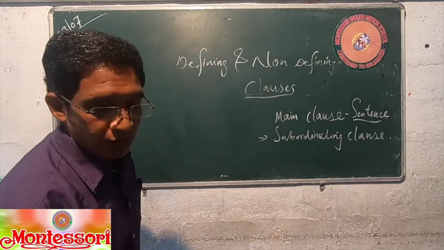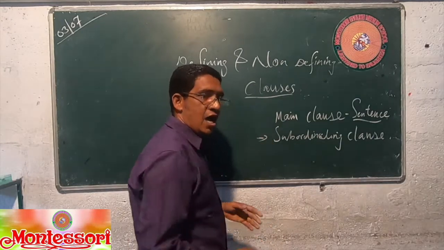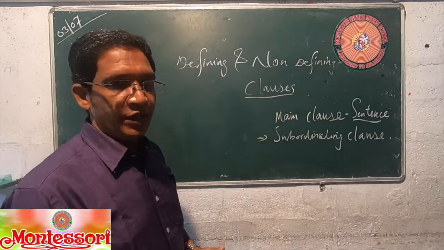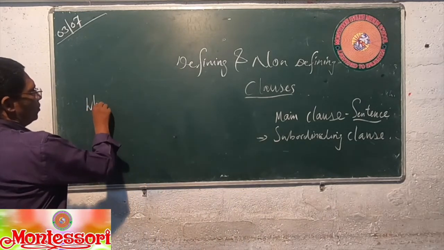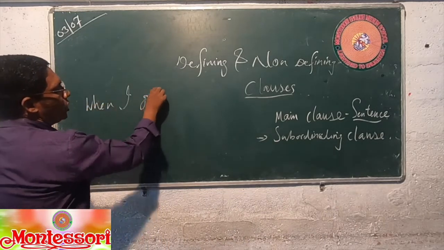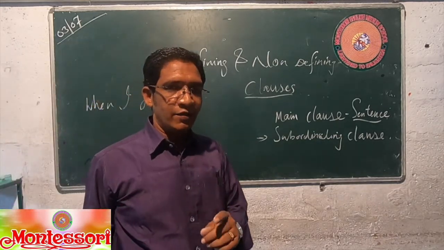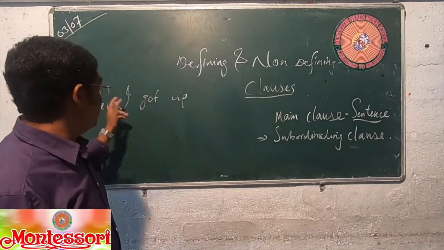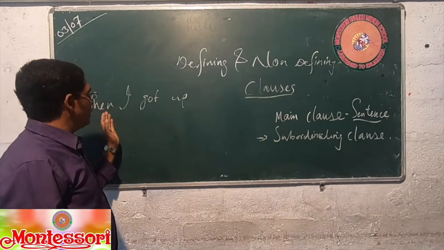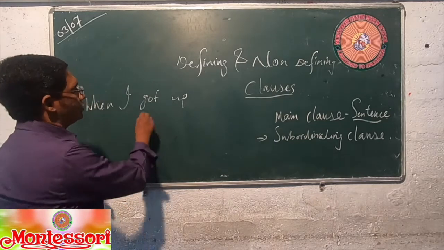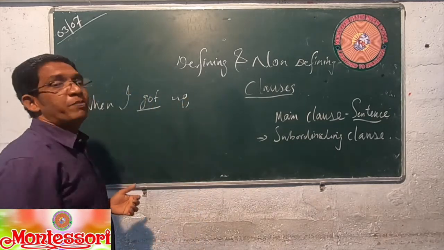Now, coming to the subordinate clause. A subordinate clause is a clause added to the main clause, and it doesn't have an existence of its own. It cannot stand by itself. For example, when I got up. When I give you this, you understand it: when I got up. It's not a question. If you want to ask a question, how do you ask? When did you get up? So this is only a clause. The problem is, this is dependent.